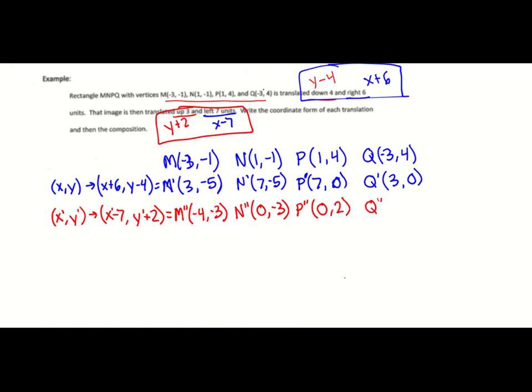And then Q double prime. 3 minus 7, negative 4. 0 plus 2 is 2. Okay, and I'm just going to note over here, we read this as Q double prime. Okay, so this is our answer. This is where our point is going to end up, right here.